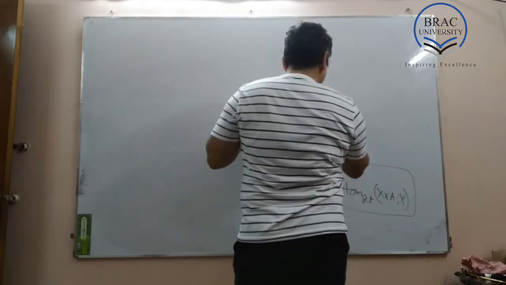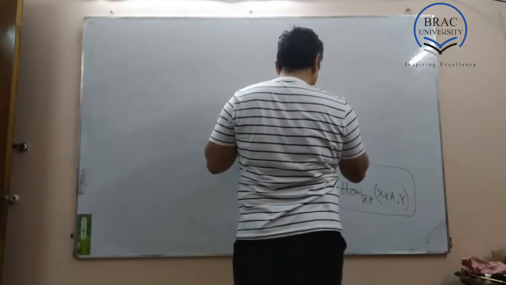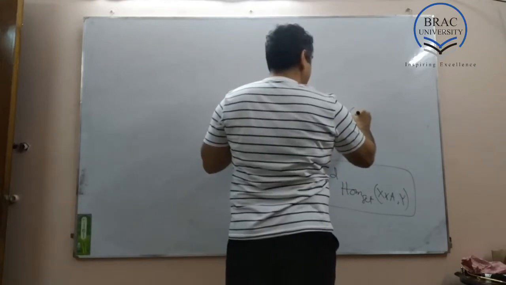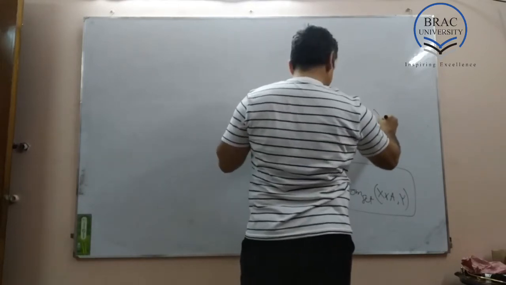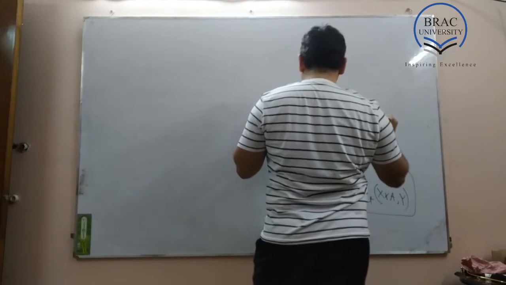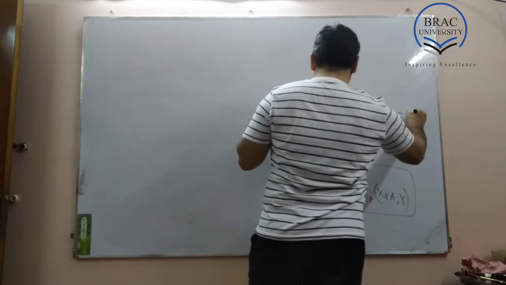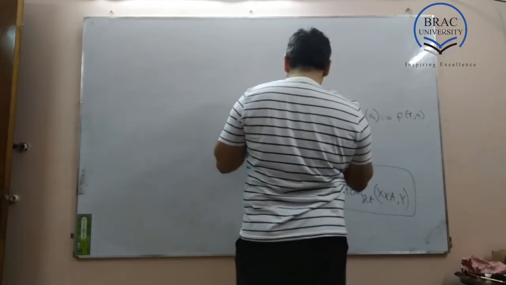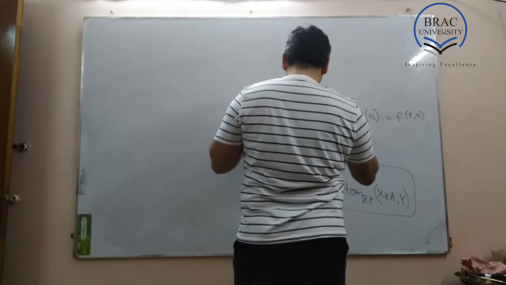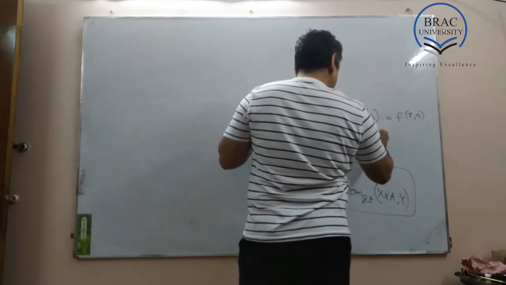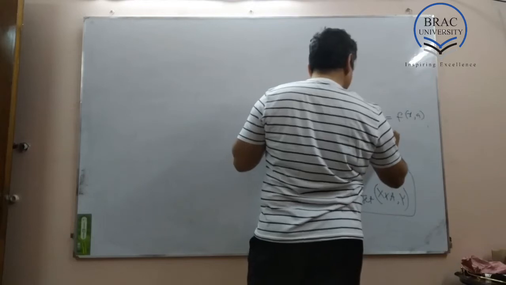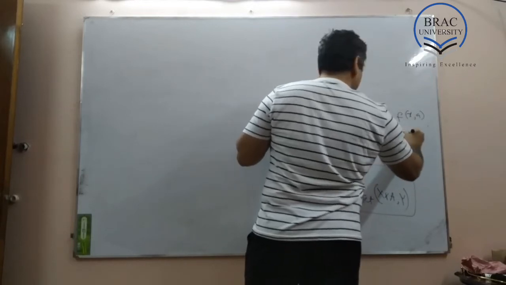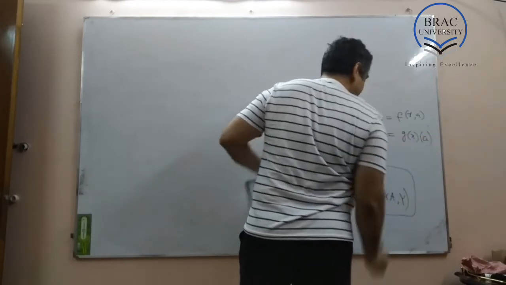I need this one, phi of f x a was defined as, and I erased both of them, now I can see. So this is the first one, and the second one is psi of g acting on x comma a was defined as g of x of a.